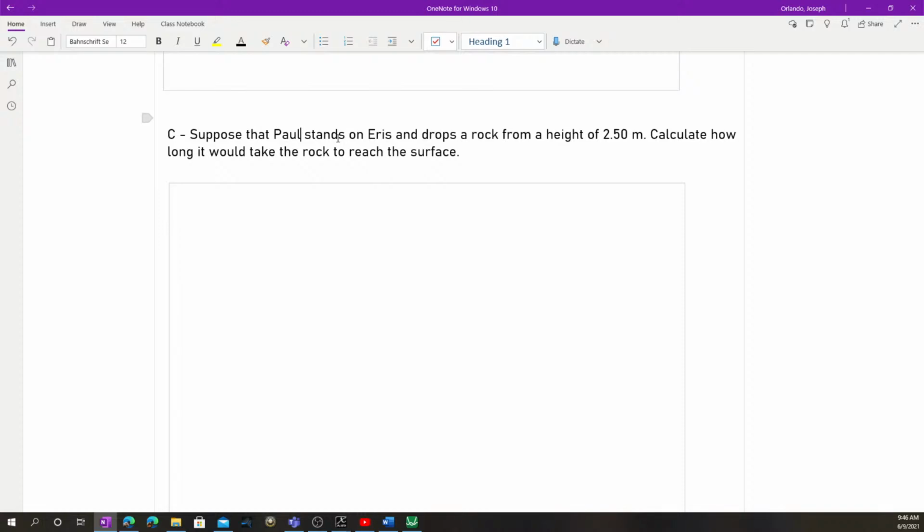Well, this is trivial. It's exactly what we did in A part. We could say the distance traveled is going to be equal to 1/2 times acceleration times delta t squared. And in this case, we want to isolate for delta t. So we can say delta t is equal to 2 delta d over a.